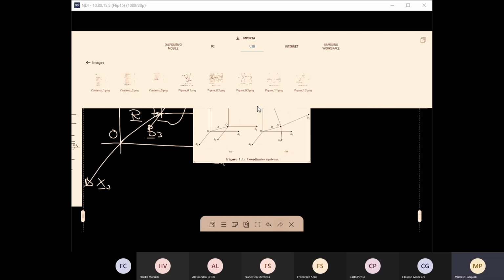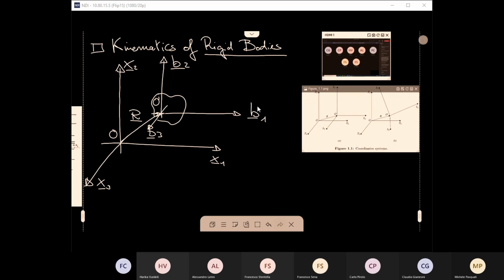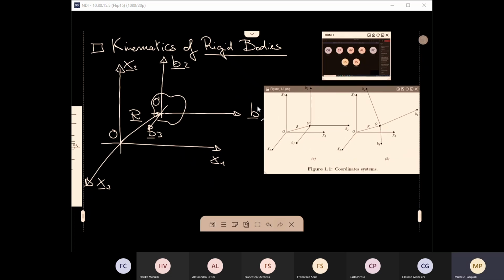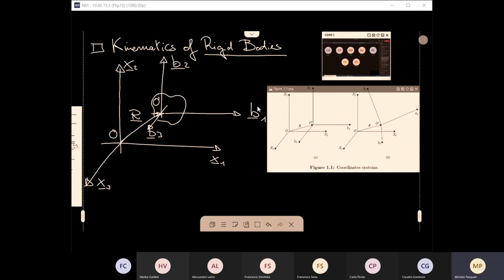Here we go. So you see, without loss of generality, we started from a condition in which there was just a translation between the 2 frames, the inertial one and the local one. And then we had a rotation.